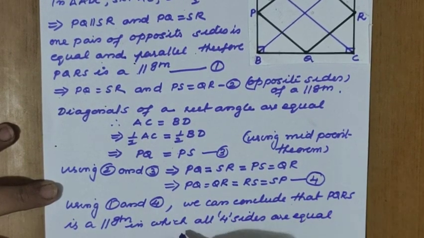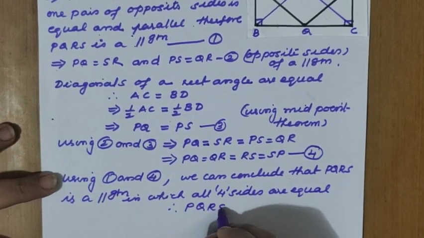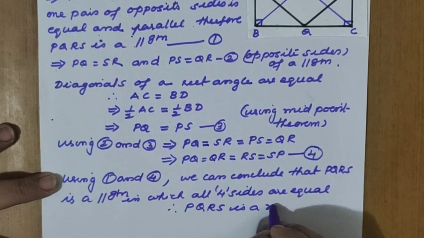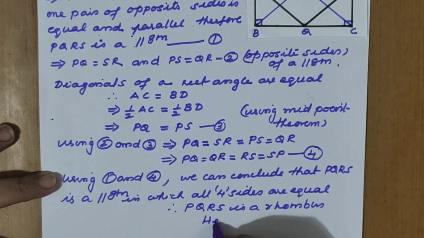Therefore, PQRS is a rhombus. Hence proved.